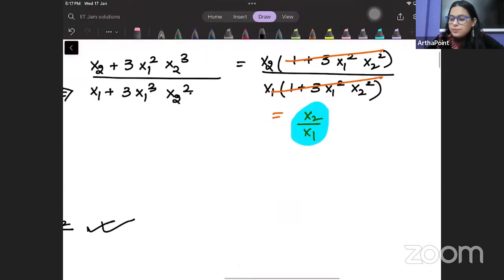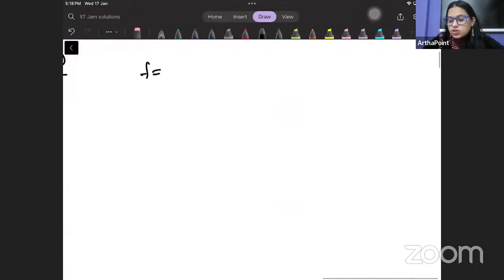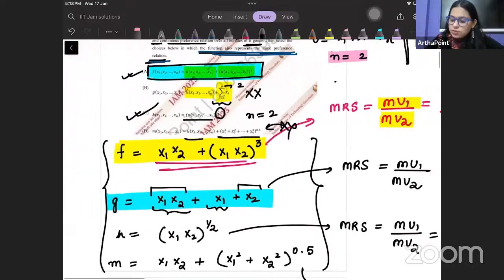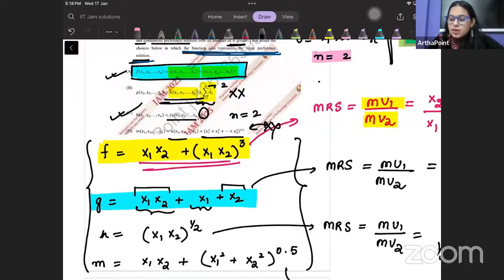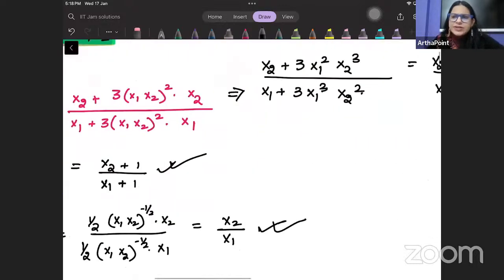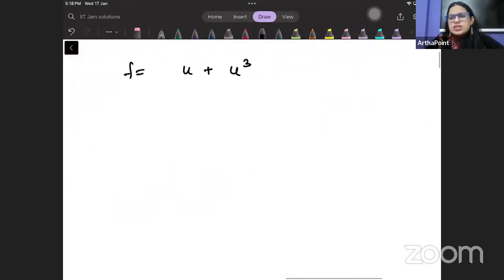Just for example, if I was given that the function is u plus u cube, this one, first one, u plus u cube, I could have tried to do it as it is also. Okay, this is a function of all x's. This is also a function of all x's. So I would have differentiated this with respect to f1 and f1 done.